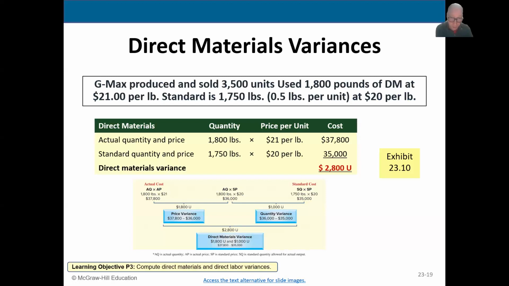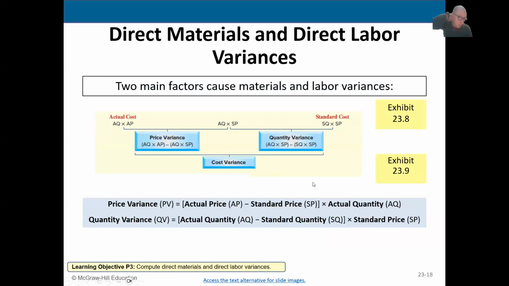How did I calculate that? Let's look at this again. Let's come down to our formula. First, we take the actual cost minus the standard cost. How do we get this? Let's figure out the price variance first. Going back to our other slide, for the price variance we take the actual price minus the standard price times the actual quantity.